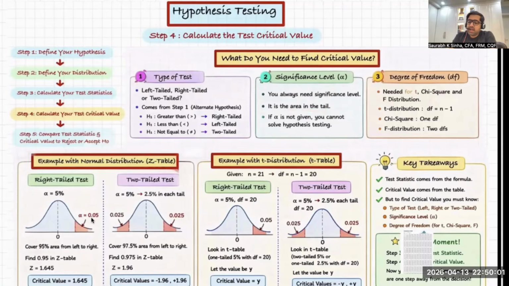If the significance level is given as 5%, you have to cover 5% area in the tail. Which tail depends upon whether it is a right tail, left tail, or two tail test. That's it.